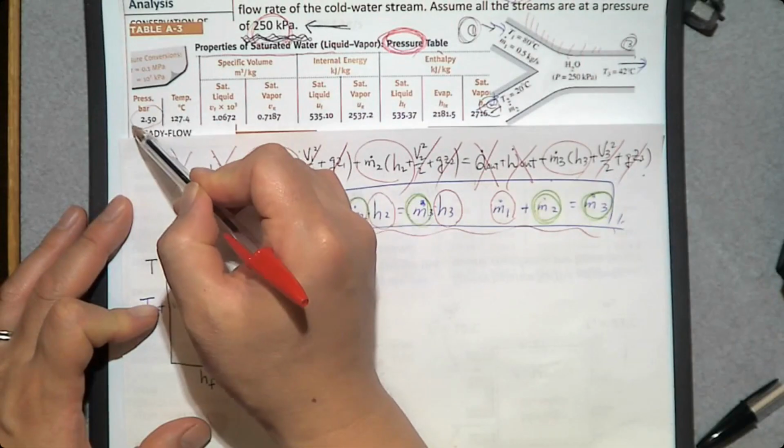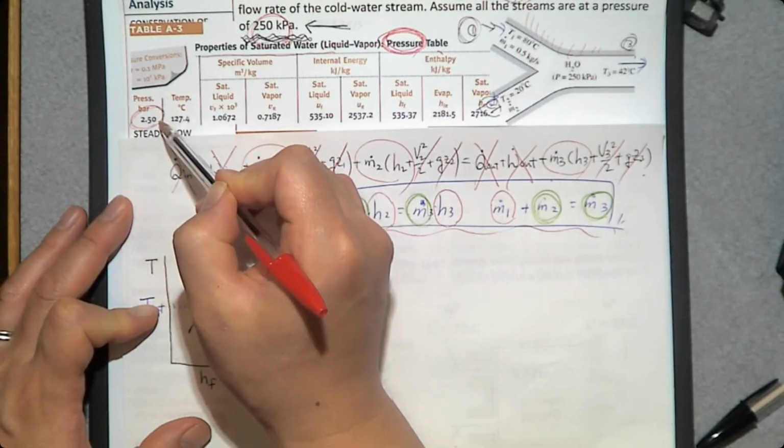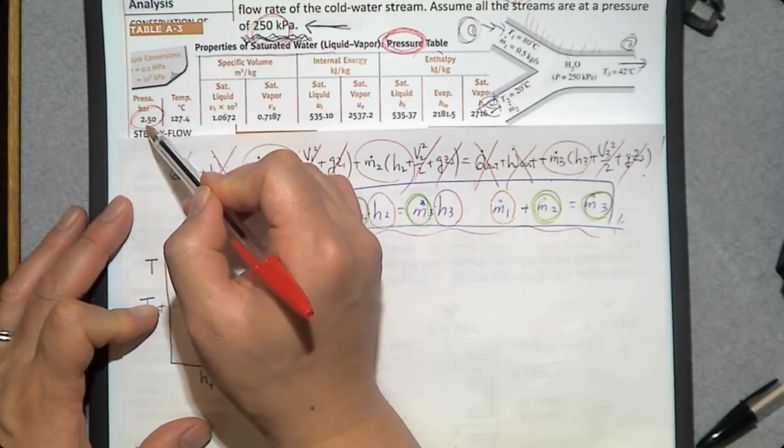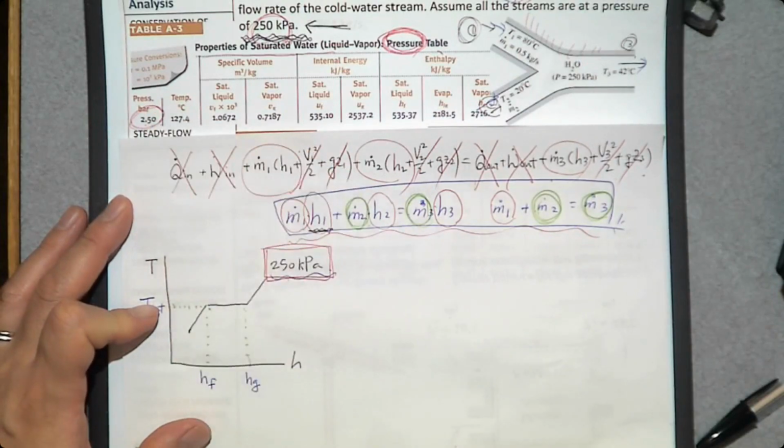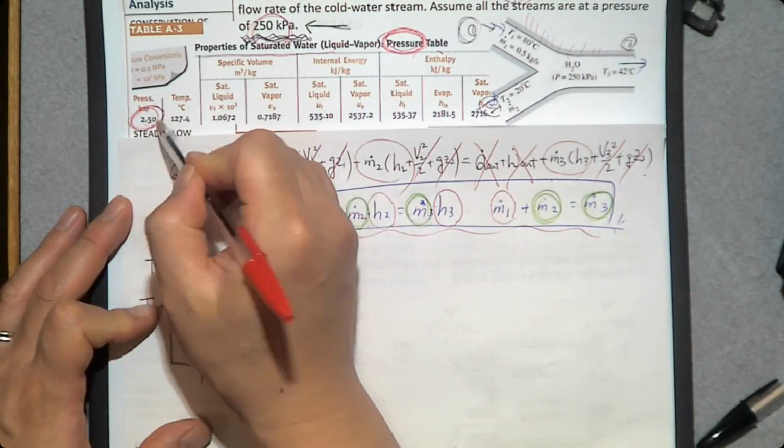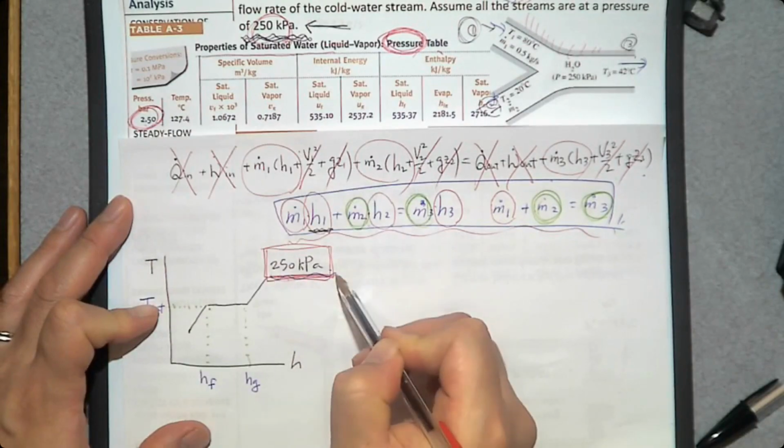In this case, if you look at the first column, we have pressure, which is 2.5 bar. 1 bar is 100 kilopascal. So this is 250 kilopascal.